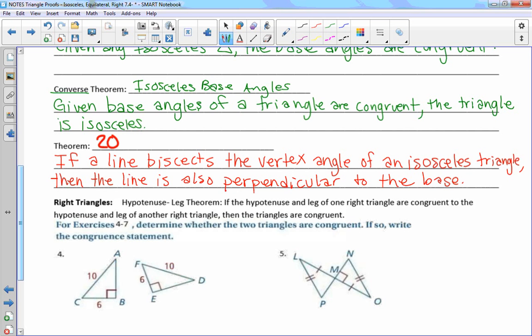Okay? So the line is also perpendicular to the base. We're only going to do a couple that we're going to jump around for the rest of the notes, a couple here and there to make sure you know how to solve.